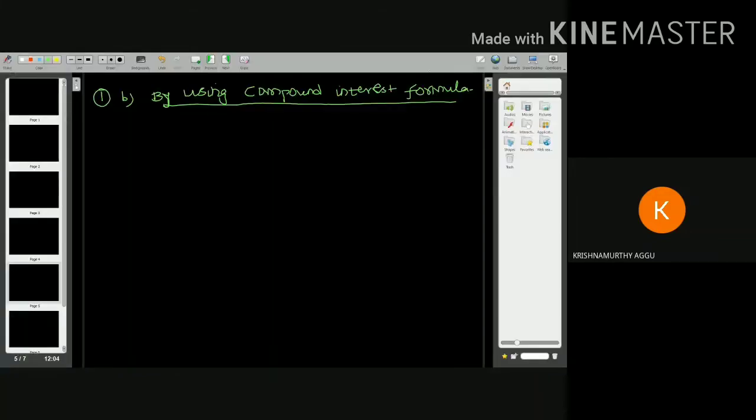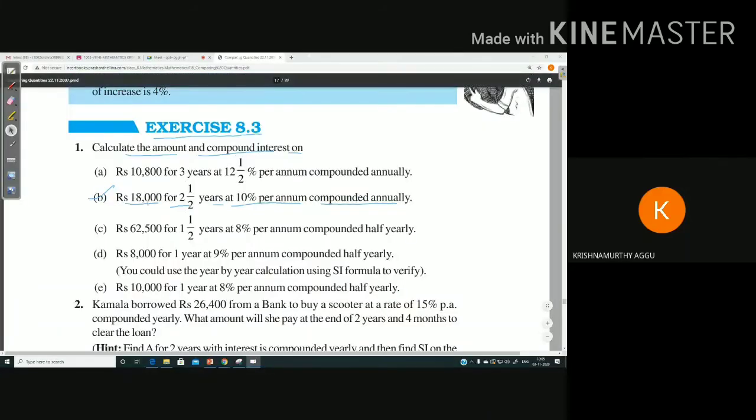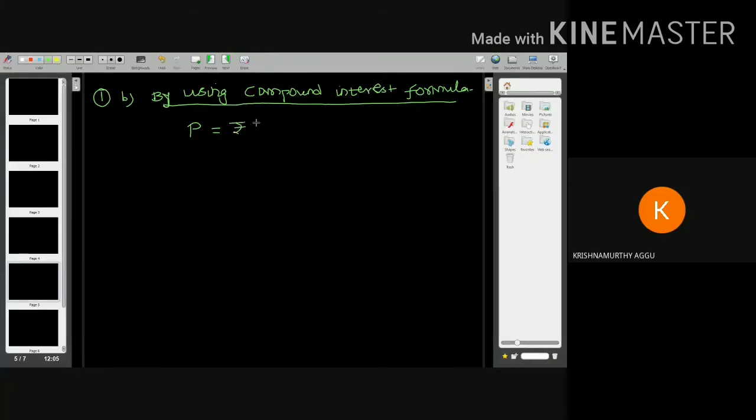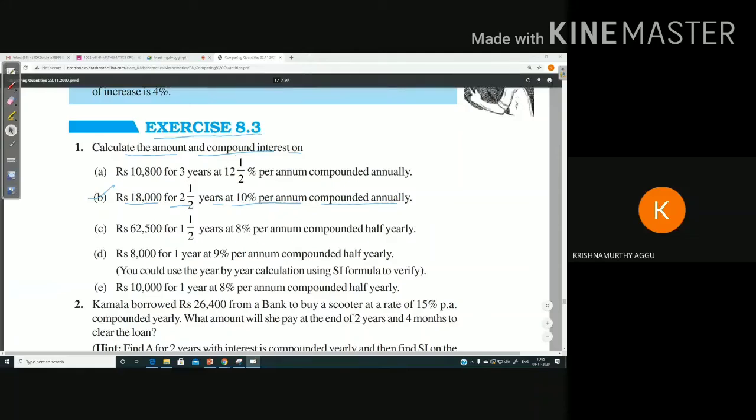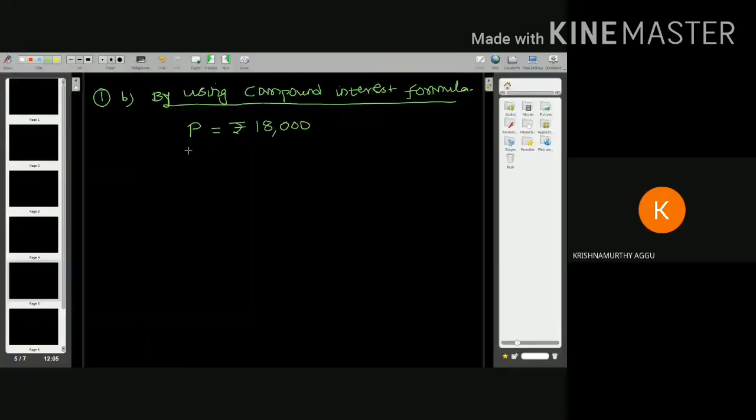Let us write the principal. P for principal. 18,000 rupees is the principal. Next, the rate of interest is 10 percent. So the rate of interest is represented by capital R equals 10 percent per annum.